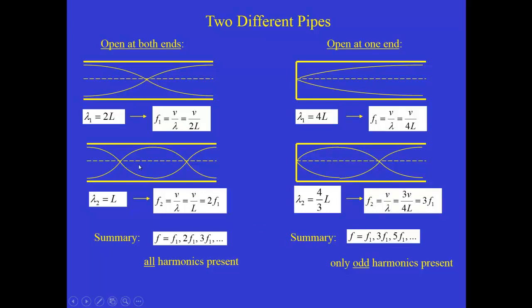So pipes that are open at both ends and pipes that are the same length but open only at one end will definitely sound different from one another, because there will be a different combination of the harmonic frequencies when we excite those tones.